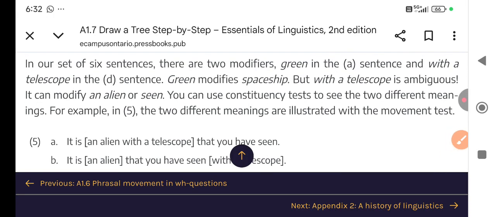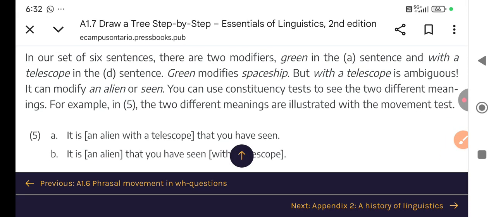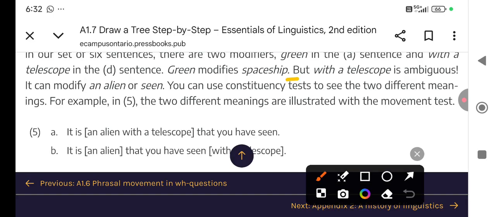He is saying that with a telescope is ambiguous: it can modify an alien or seen. It means either the alien has a telescope in its hand, or you have seen the aliens through a telescope.